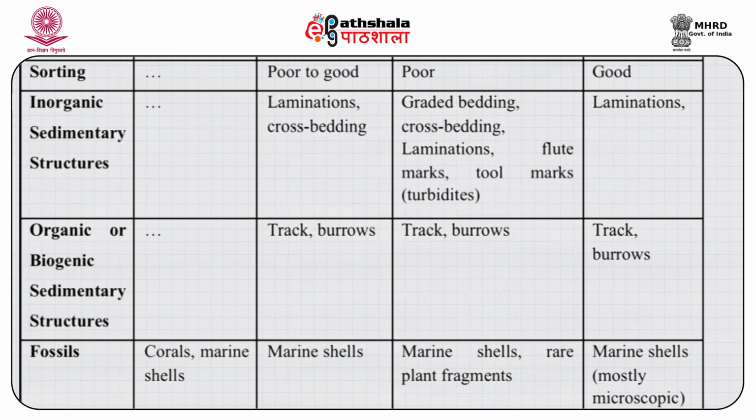For interpreting an environment, you should consider the whole range of things, starting from grain size, grain shape, sorting, both inorganic and organic sedimentary structures, and fossils present within the rock. For a holistic interpretation of the sedimentary environment, one has to consider all these.